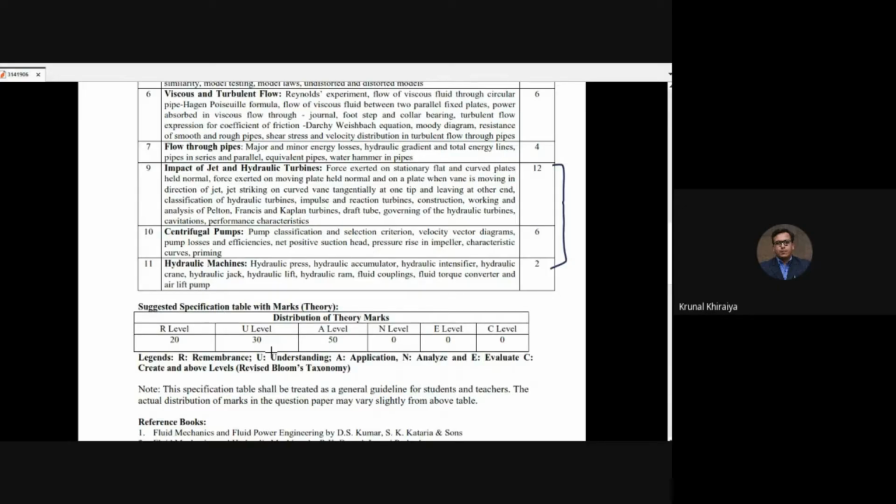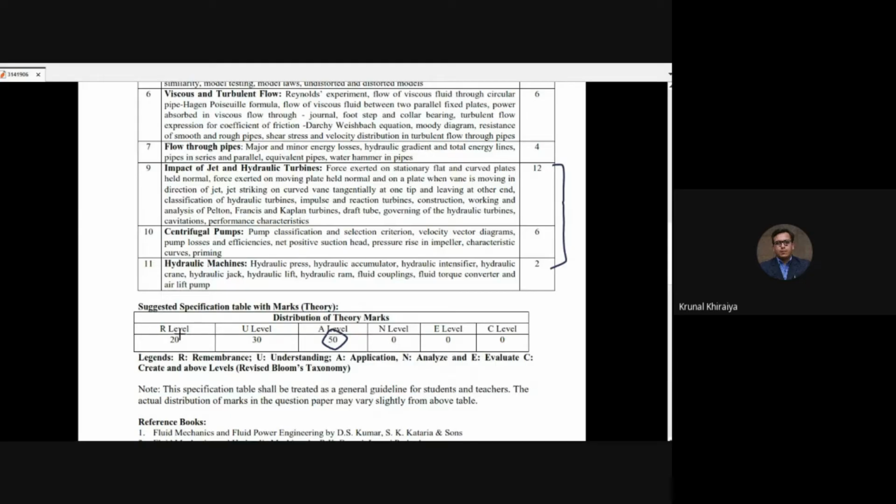In layman's terms, we treat this application level as numericals. In a numerical, certain conditions are given and you have to apply the concepts of theory or the knowledge you gained during the learning period of the subject, and find whatever is required, or determine this concept or this value. So you can see that out of 70 marks, 50 marks of questions are asked from the application level. So students, you can understand the level of the subject and what the difficulty levels are.